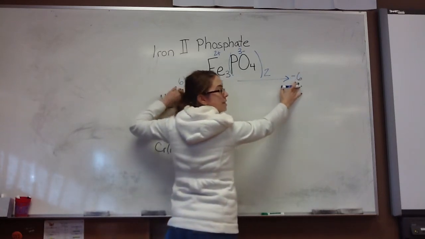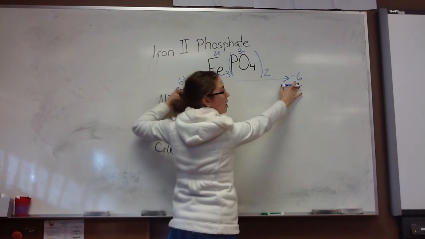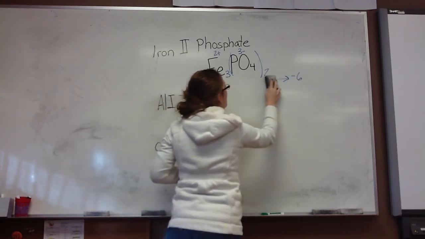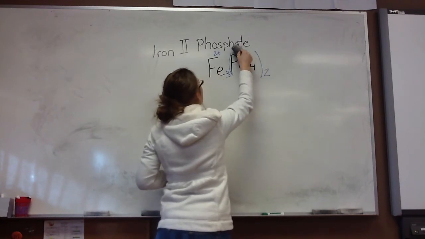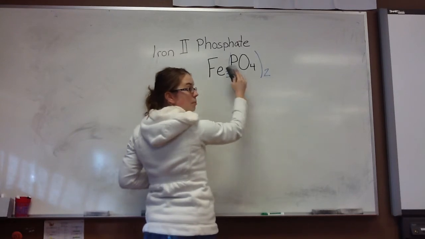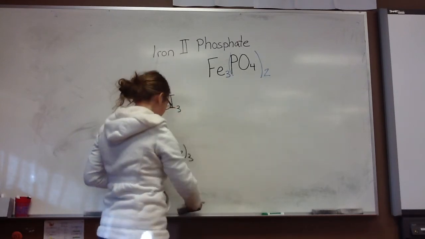Positive 6 and -6 cancel each other out. Its overall charge is neutral. So my symbol for iron 2 phosphate is Fe3(PO4)2.